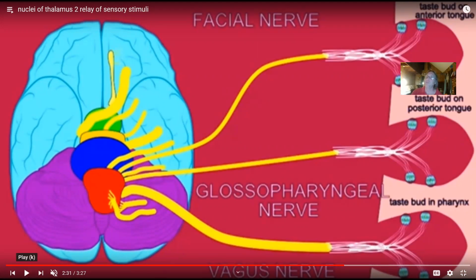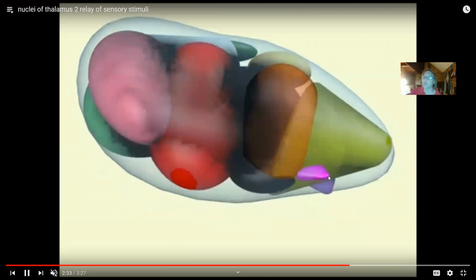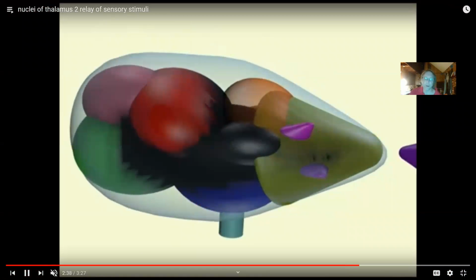So what you've just seen is that the thalamus is very important in being a relay for the general senses like touch, pressure, pain, temperature, but then also special senses like taste, and then also hearing and vision. So if we look on the underside of the thalamus, notice that there are these two small areas, the medial geniculate nucleus and the lateral geniculate nucleus.